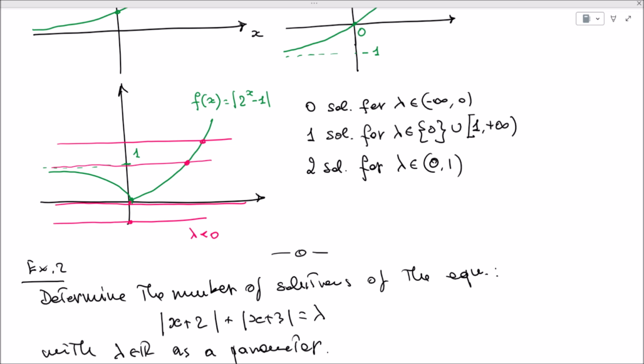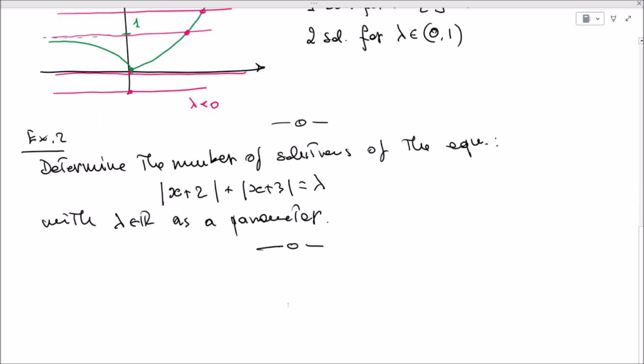Same problem, same approach. We will study the function f(x) equal to |x + 2| + |x + 3|. Now we have two absolute values. To get rid of the absolute values, we need to divide the interval of definition into subintervals so that we can study the sign of each and every term of the function.